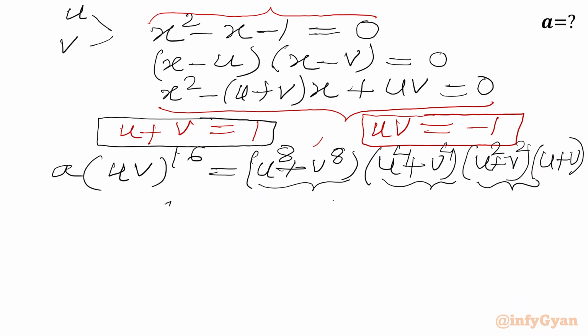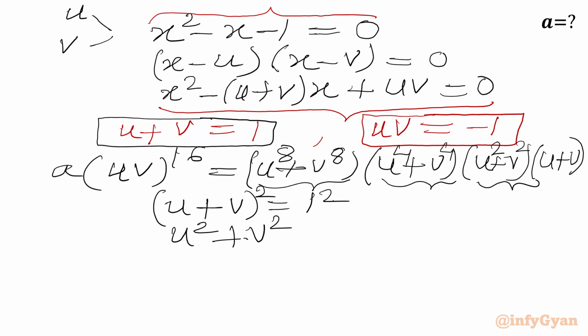So I will consider here the equation u plus v equal to 1. Now I will put power 2 on both sides. So we will use the (a plus b) whole square formula, and we will get u square plus v square plus 2uv equal to 1. Now u times v is minus 1.